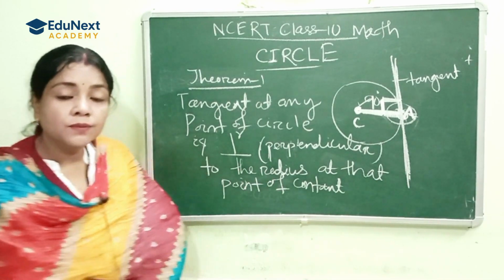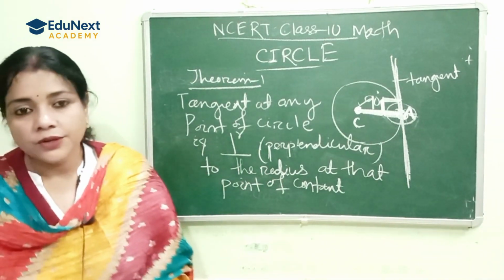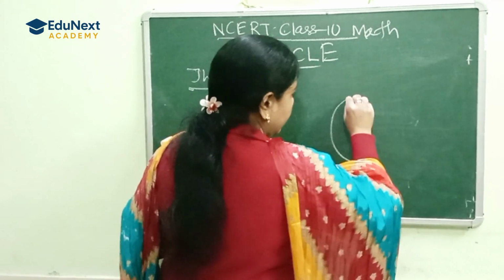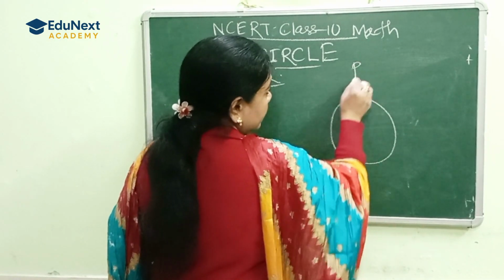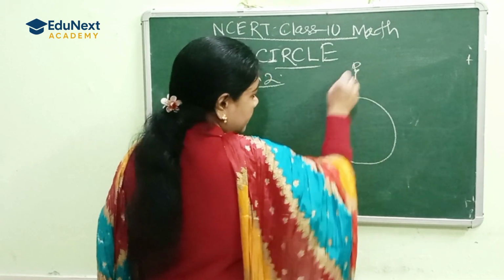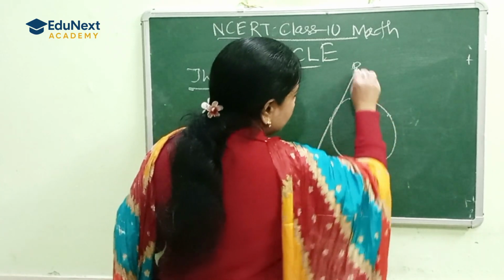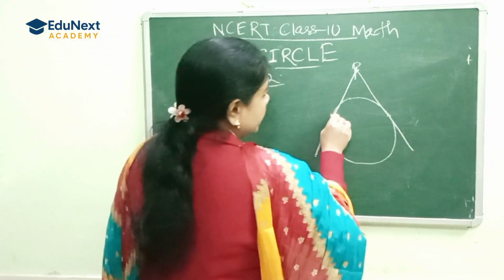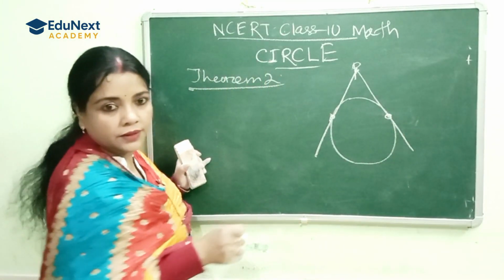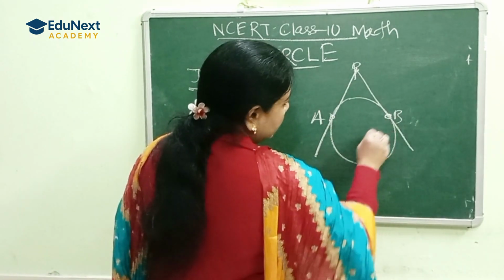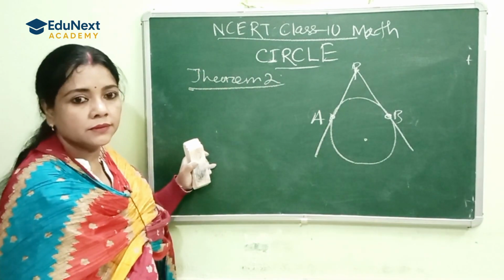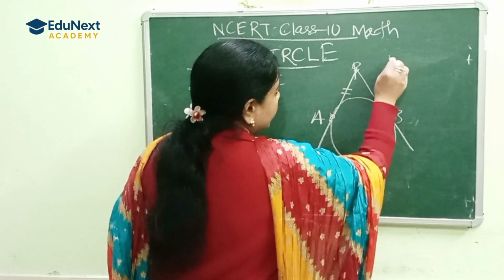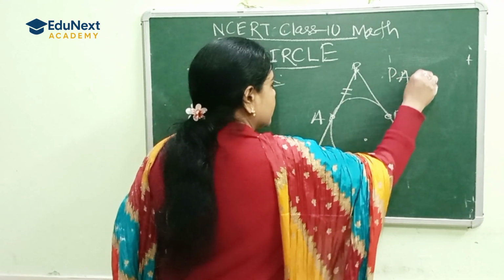Okay. Theorem 2. Let us discuss about theorem 2. Theorem 2 says that if you take a circle, take any point here, and if they touch the circle at any point, let us take this point A and B. So this AP or PA is equal to PB.